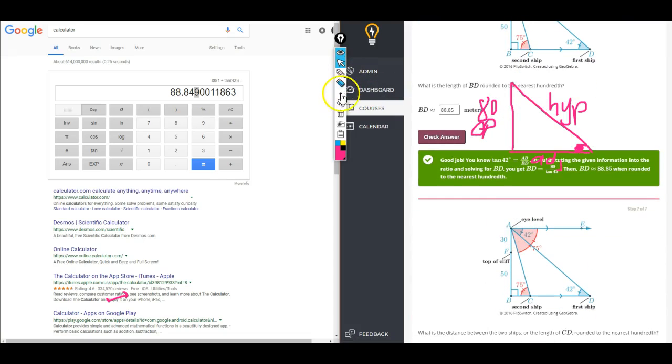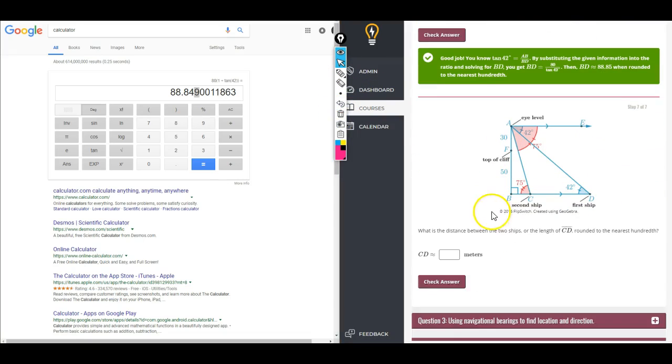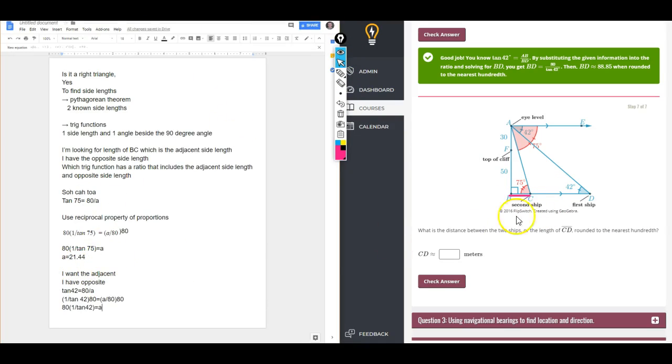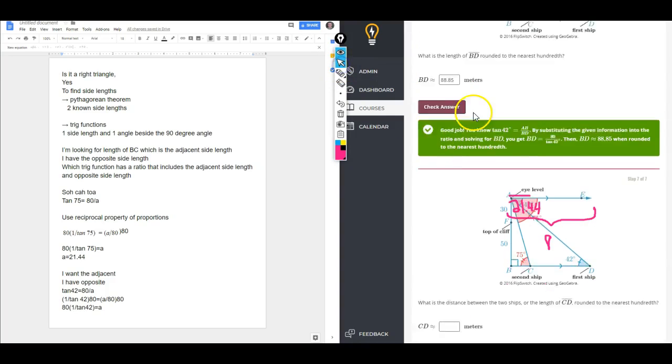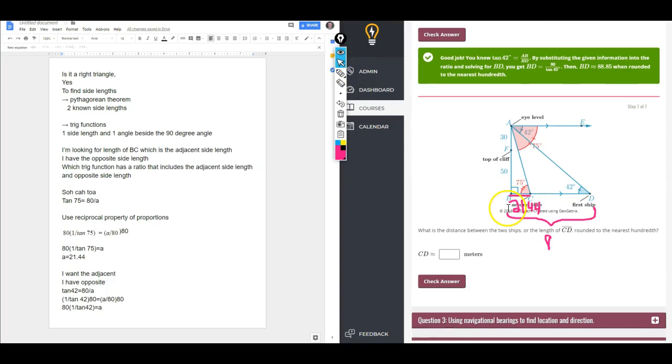So then now it says, what is the distance between the two ships, or the length of CD? Well, we know this length to be 21.44, and we know our total length to be 88.85.